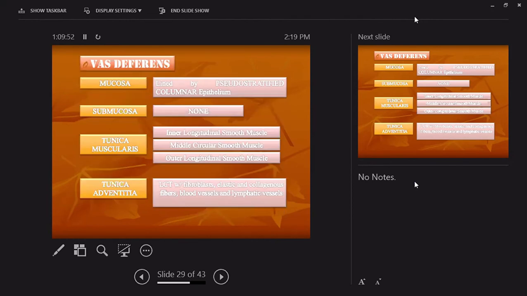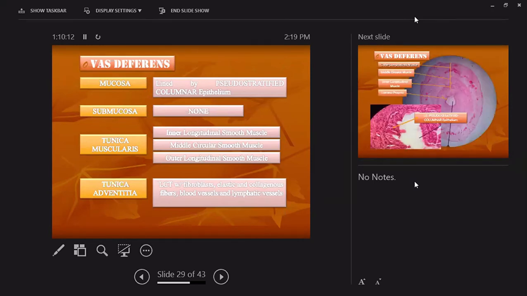Okay, so review of our vas deferens, mucosa lined by pseudostratified columnar epithelium, no stereocilia. Submucosa, you do not find submucosa in the vas deferens. Tunica muscularis, the third layer, you have your inner longitudinal smooth muscle.